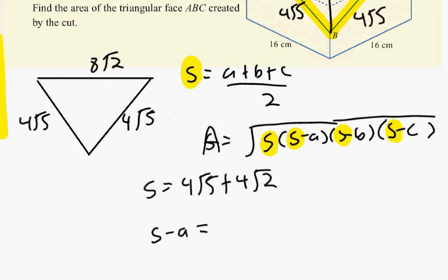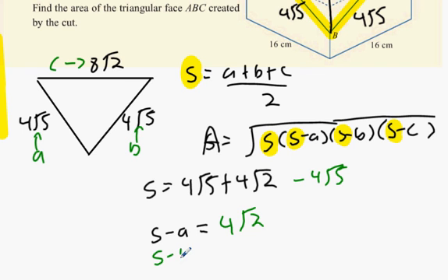Well, we'll label each side. We'll call this one A, this one B, and this one C. What's S minus A? It's 4 root 5 plus 4 root 2, take away another 4 root 5. It's what Hero said, it's 4 root 2. S minus B would be 4 root 2. And finally, S minus C.